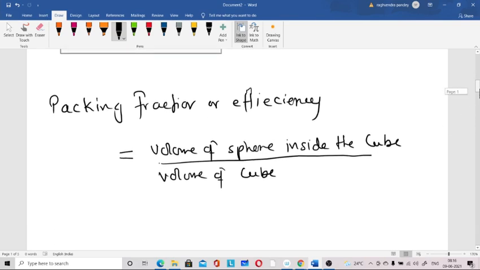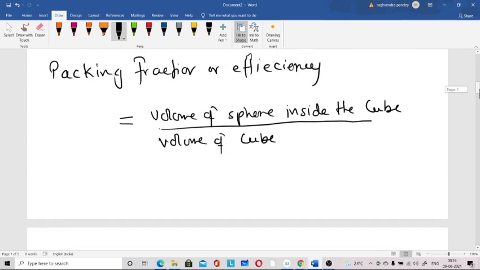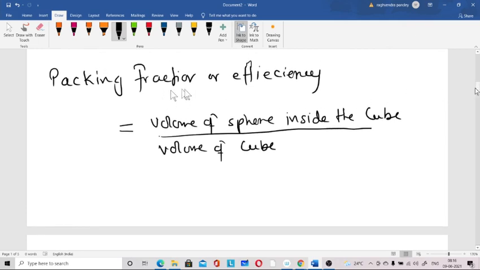So this we will do for all of the cubes. Okay, so that is the packing fraction or efficiency. In a primitive unit cell, there is only one sphere inside the cube. So we will see the volume of one sphere. 4 upon 3 pi r cube is the volume of one sphere.